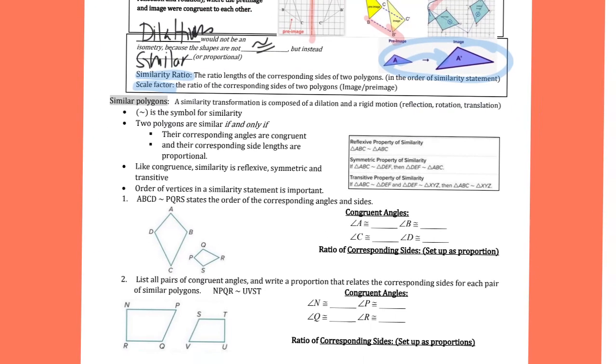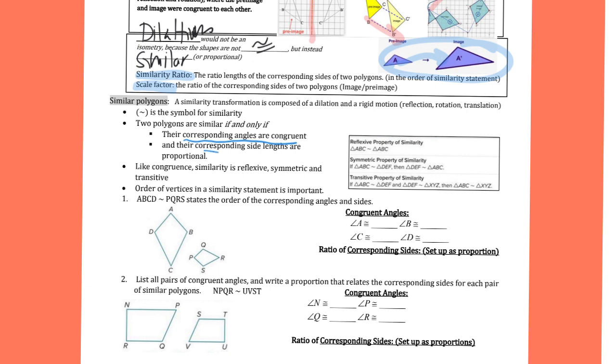So for similar polygons, the representation is that little symbol right here. It kind of looks like a congruency symbol, but just the top of it. Secondly, what has to be true is that the corresponding angles have to be congruent. Like your nose angle has to be congruent to your representation.